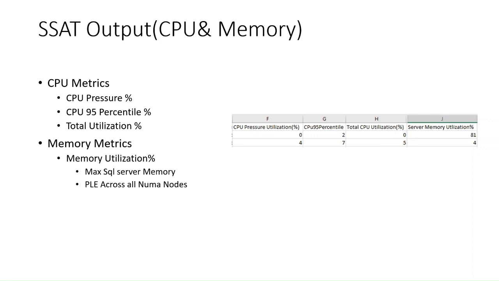This is a little more aggressive than the CPU 95th percentile. Most of the time, if most of your collection points are less than 80, you're going to see this as zero. You might see 2, 3, or 10% in the 95th percentile, but it may always be zero just because not a single collection point was over 80%.